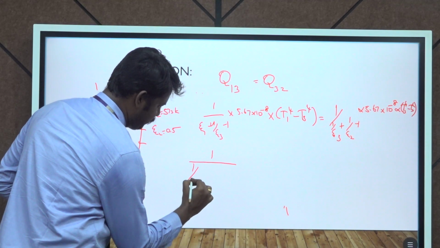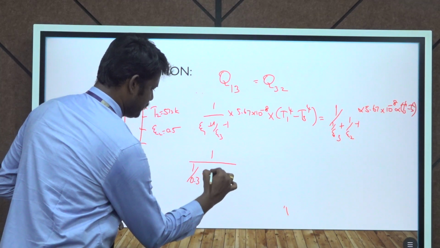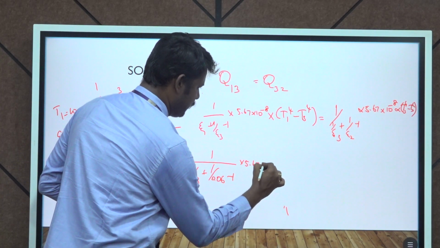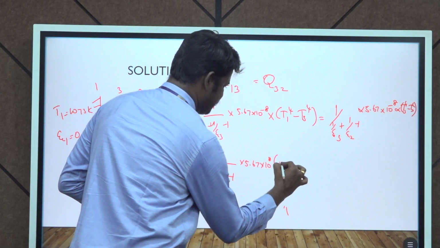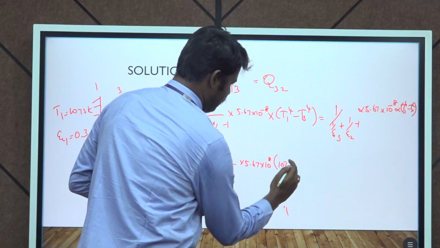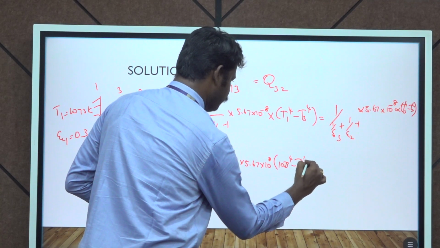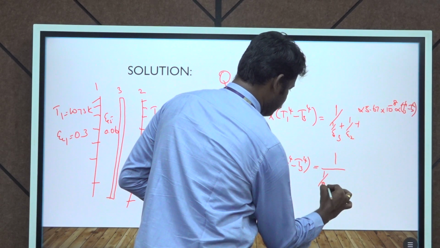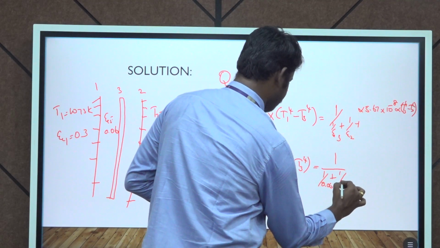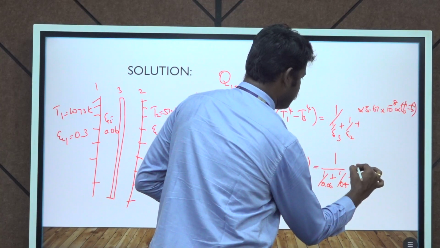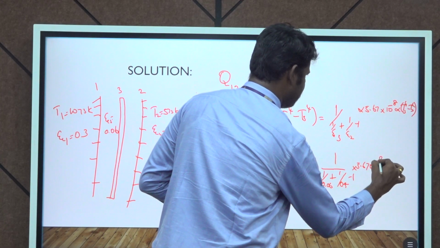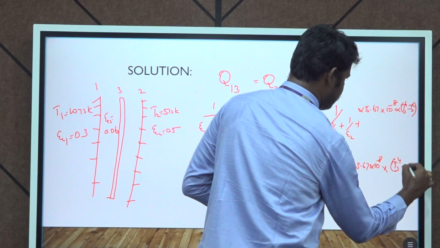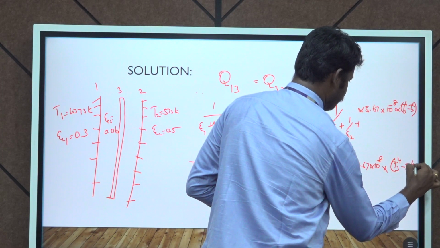That is, 1 by 0.3 plus 1 by 0.06 minus 1, into 5.67 into 10 to the power minus 8, into 1073 power 4 minus T3 power 4, equals 1 divided by 1 by 0.06 plus 1 by 0.5 minus 1, into 5.67 into 10 to the power minus 8, into T3 unknown power 4 minus T2, 573 Kelvin, power 4.